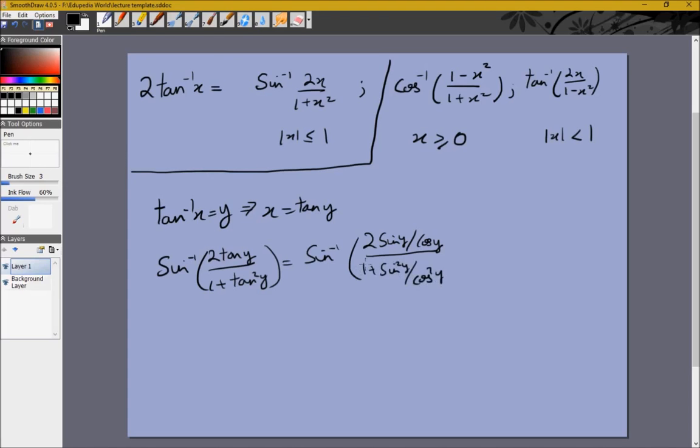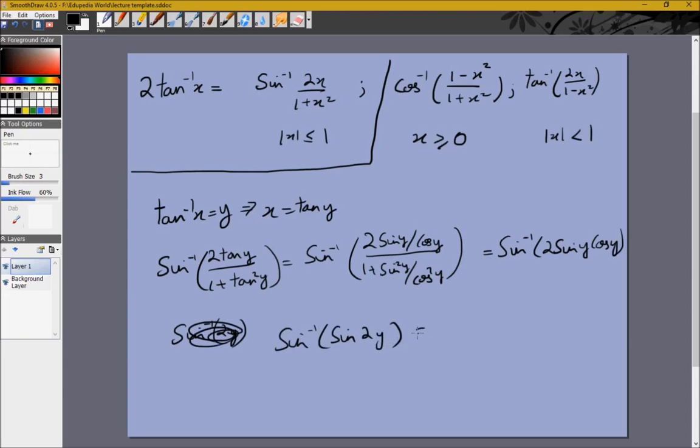So you take cos squared y here, it becomes 1, and this cos squared y goes up, multiplies by cos y. So basically you get sine inverse of 2 sin y cos y, or you get sine inverse of sine 2y, which is equal to 2y, which is equal to 2 tan inverse x.